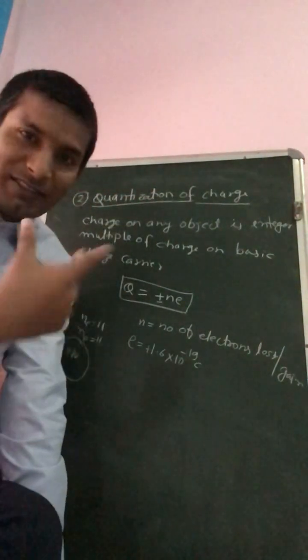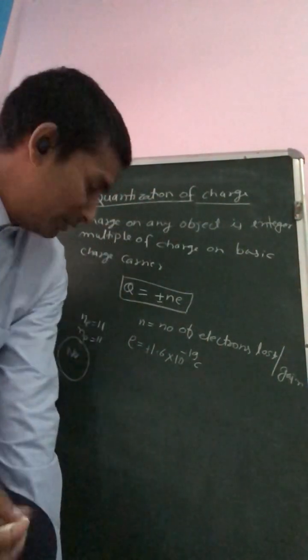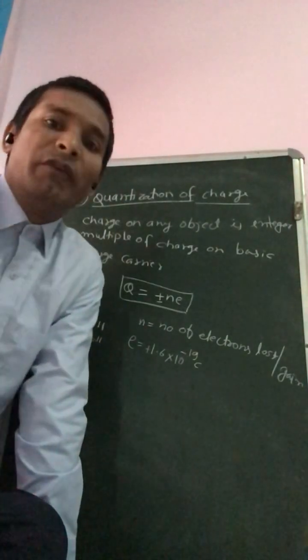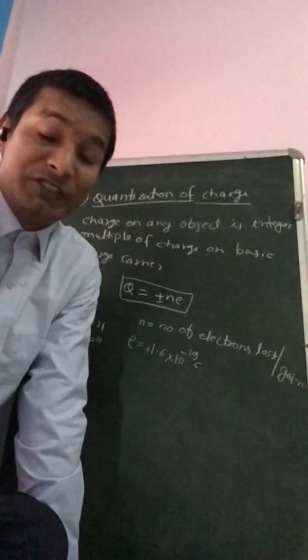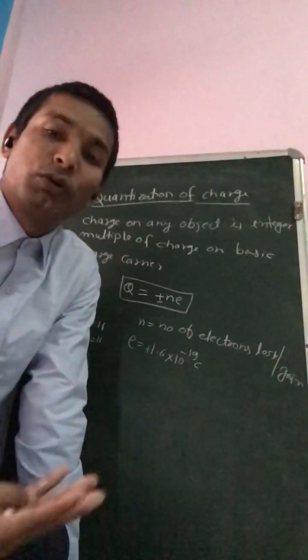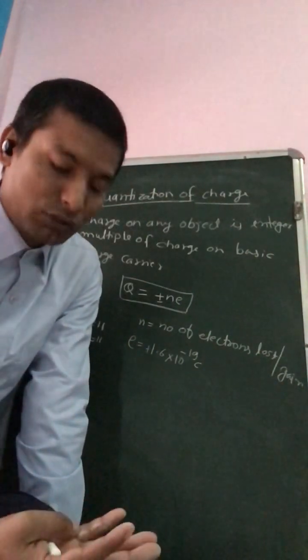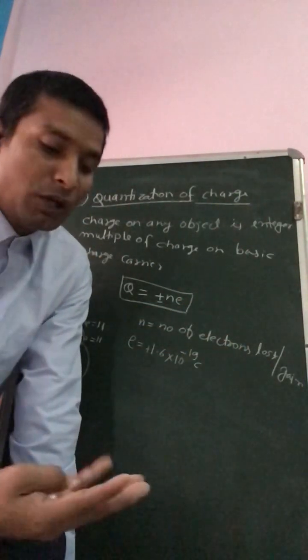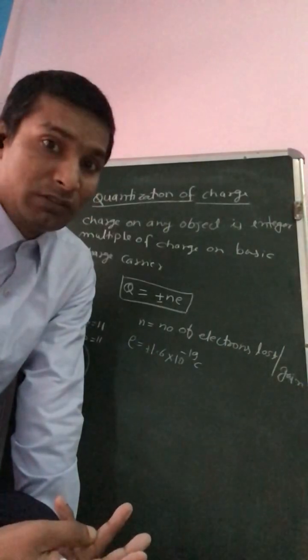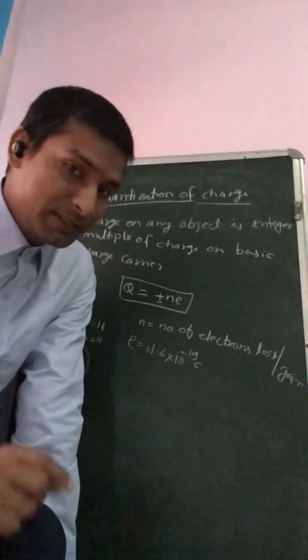Let's quickly revise some topics about the atom. We know that every atom consists of three basic particles: electron, proton, and neutron. Electrons revolve in a circular path around the nucleus. Proton and neutron are in the nucleus, right?